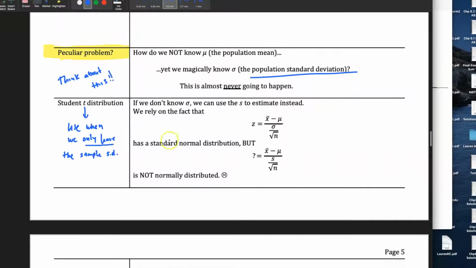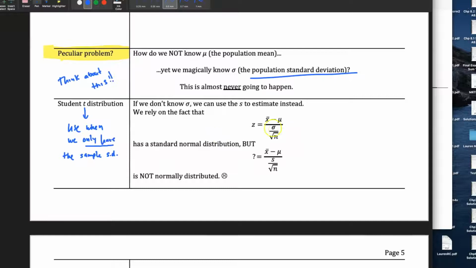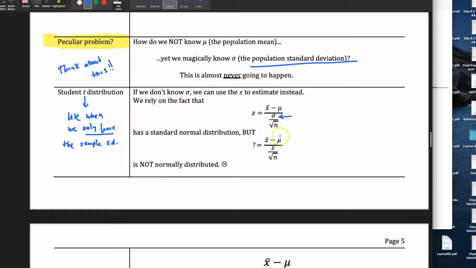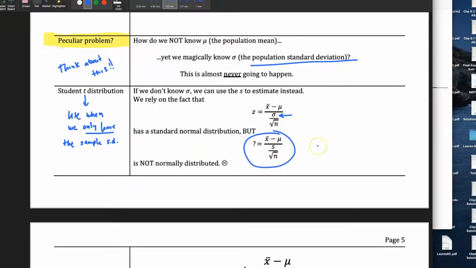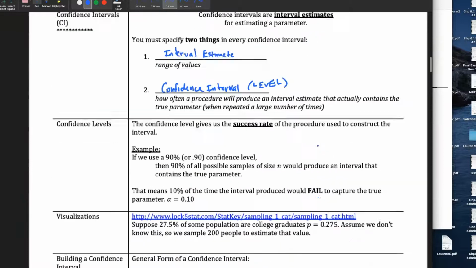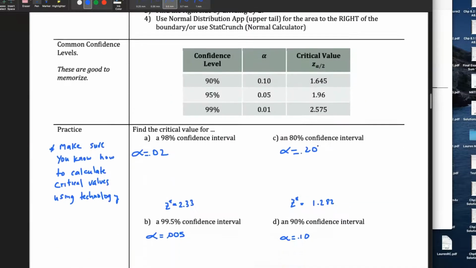So that creates a peculiar problem for us, in that we can't use the population standard deviation in the formula for how we calculated Z, because that's a part of that calculation. So we end up coming up with a new type of critical value that follows what we call the T distribution.